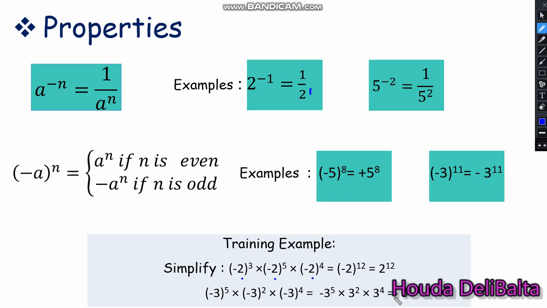Okay, because the power resulted, I will get minus 3 power 11. And since the power is odd, then the minus sign is kept and the result is minus 3 power 11. Or we can write it that way. We can know that since in our minds the power is odd, we can put the minus sign and we can add the exponents later. But writing that way is better.